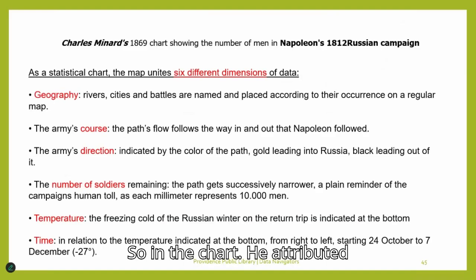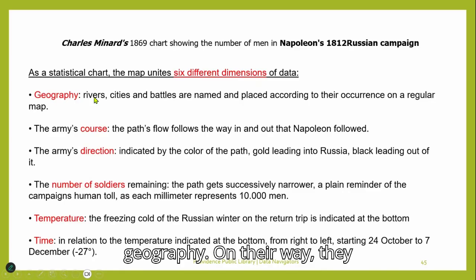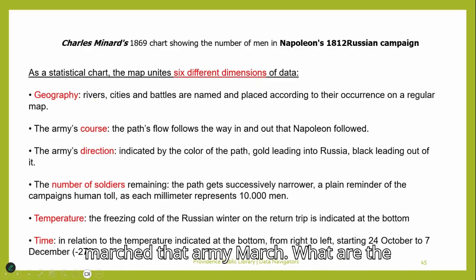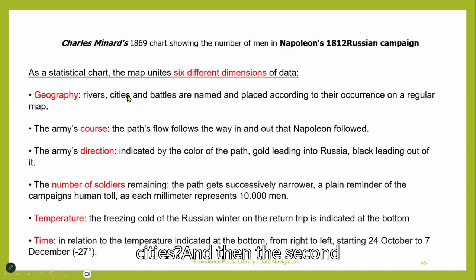So in the chart he attributed 6 different dimensions of data. One is geography. On their way, as that army marched, what are the rivers they encounter, what are the cities.